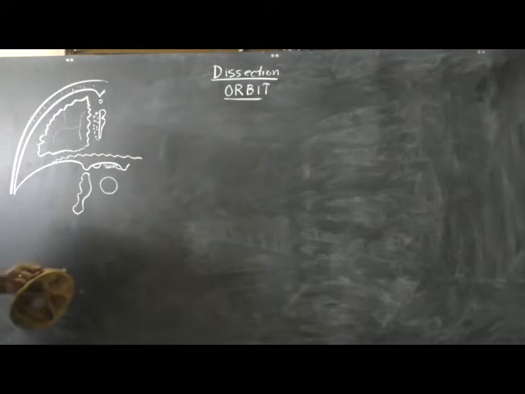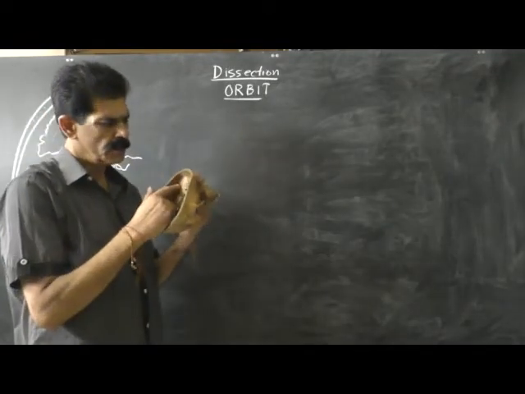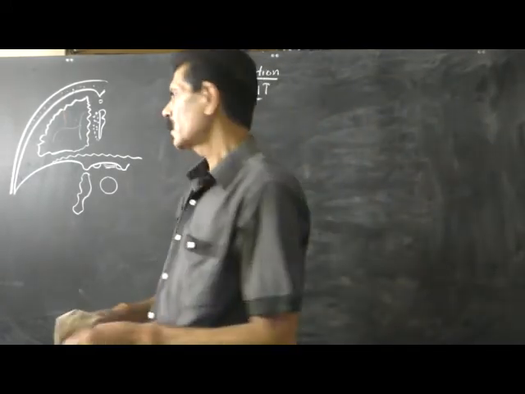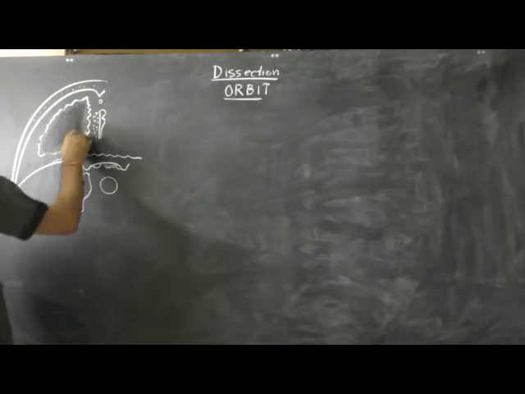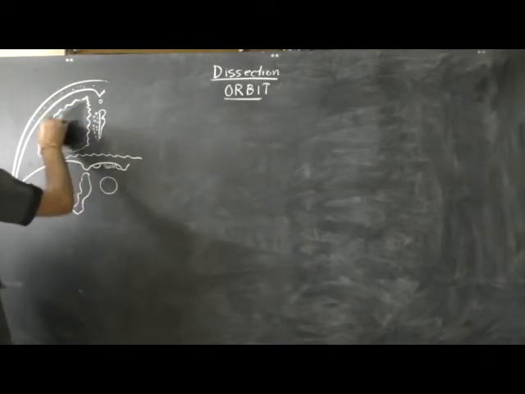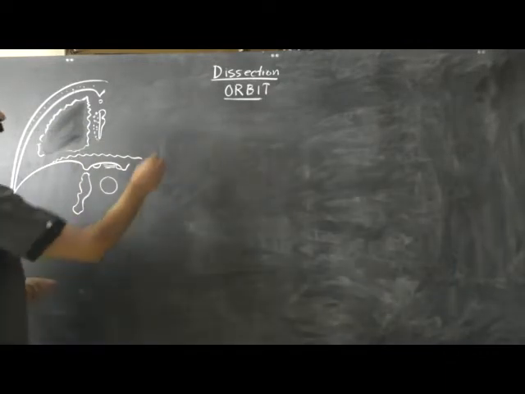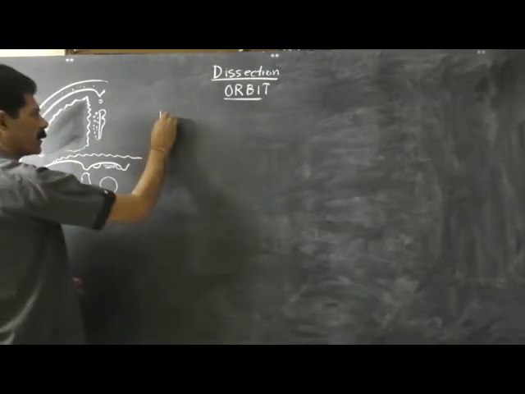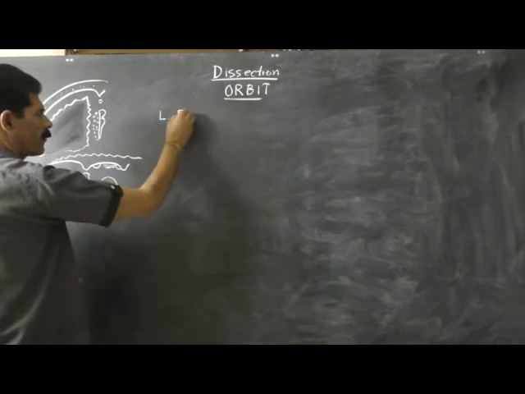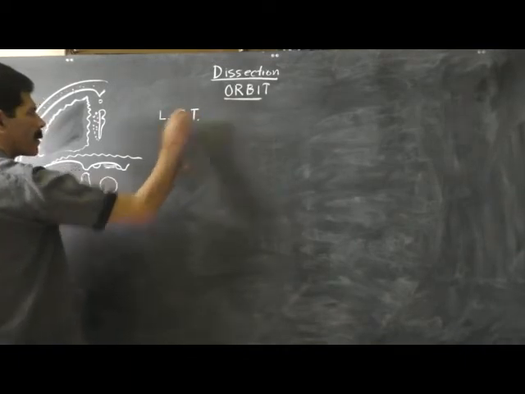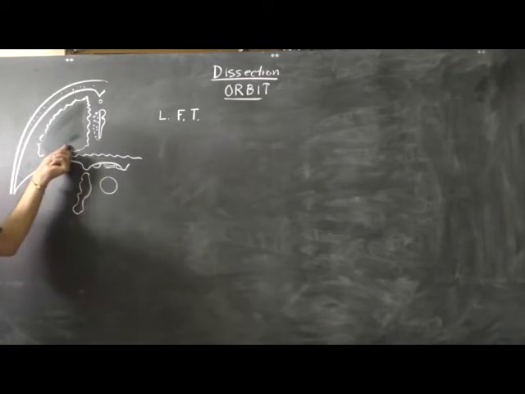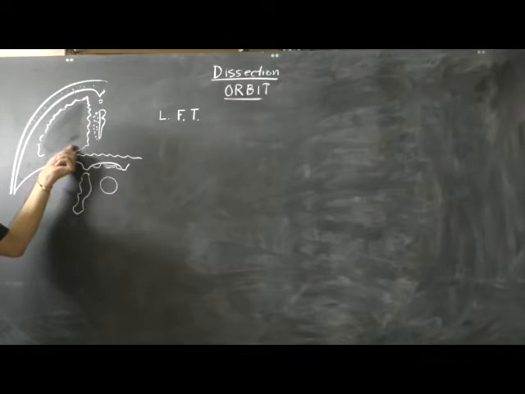So as we dissect and remove the roof of the orbit, in the first encounter after breaking the roof of the orbit, what we see here is a very important relation: L, F and T. Just we have removed the periosteum and periorbital fat.